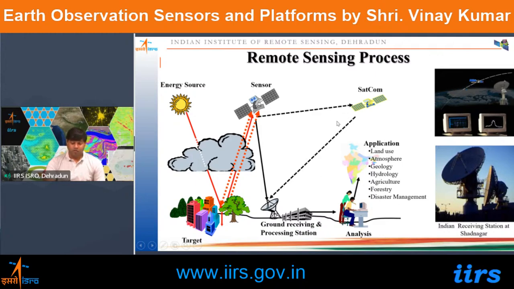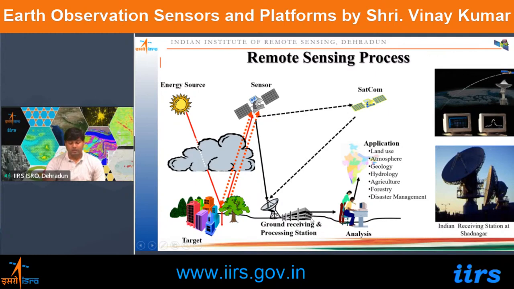In between, suppose we require some data on an urgent basis. Here the communication satellite plays a role. Sometimes, when the satellite is not in range of the ground receiving antenna and you require data, it passes the data to a nearby communication satellite, and from that communication satellite the data is transferred to the ground receiving stations.